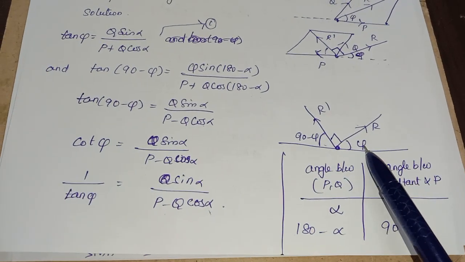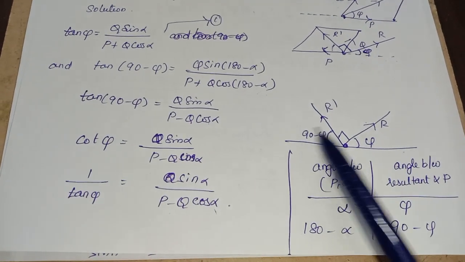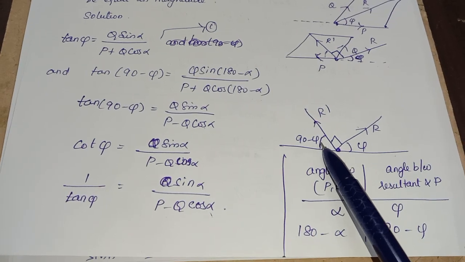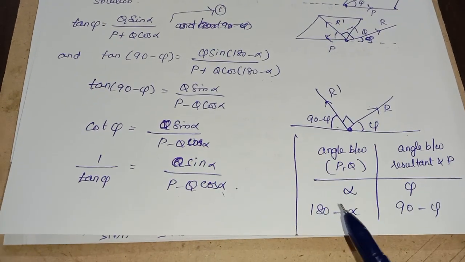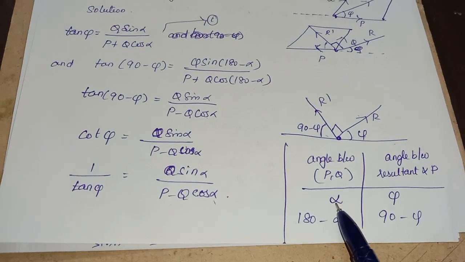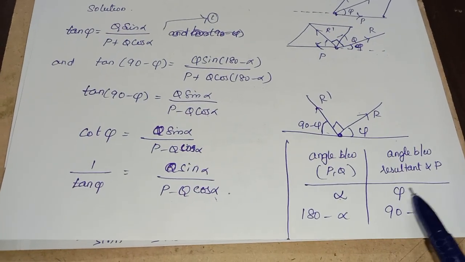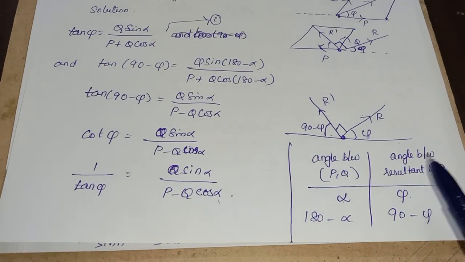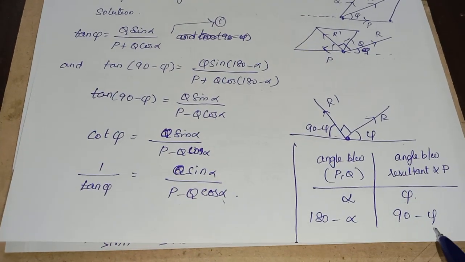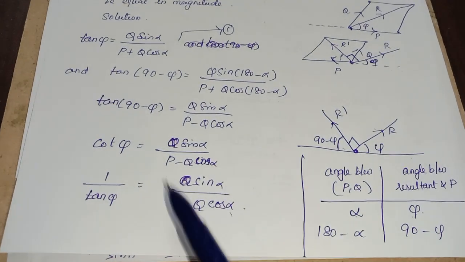R is making angle phi with the first force, and this is 90 degrees as given. So this angle will be 90 minus phi, then only the total sum will be 180. Again, when the angle between the forces is alpha, the angle between the resultant and p is phi. When the angle between the forces is 180 minus alpha, the angle between the resultant and p is 90 minus phi. This concept only I have used here.